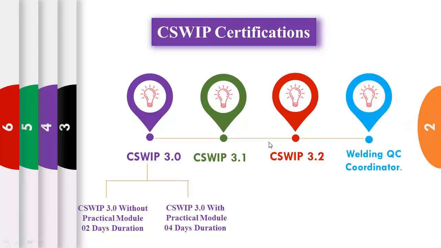The last level of CSWIP certification is Welding Quality Control Coordinator. This certification is suitable if you work in welding inspection or as a quality operator. The qualification is a natural career progression for experienced inspection personnel who wish to demonstrate competence in the field of quality control management.